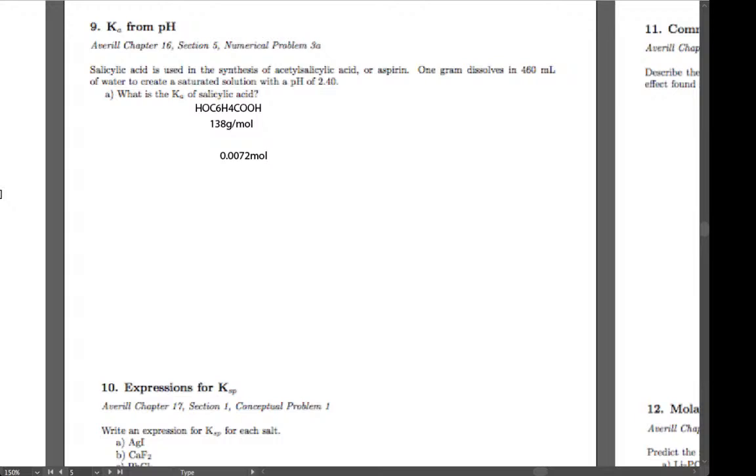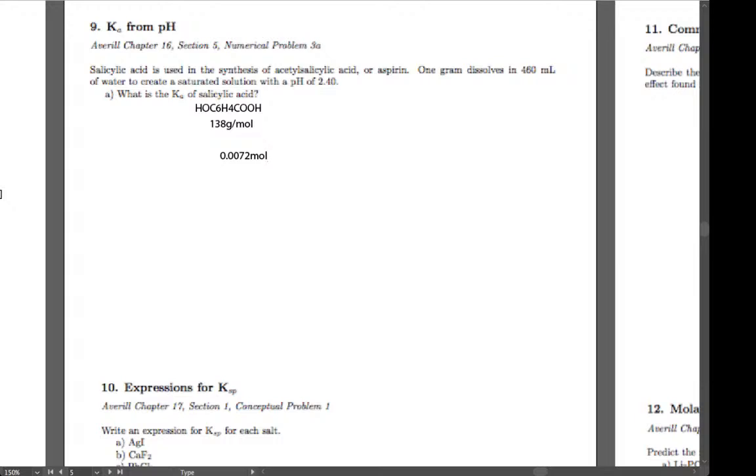And so, if it dissolves in water with that many. Okay. So when it dissolves into water, I normally just ignore the volume of the salicylic acid itself. So 0.0072 divided by 460 should give you the molarity.